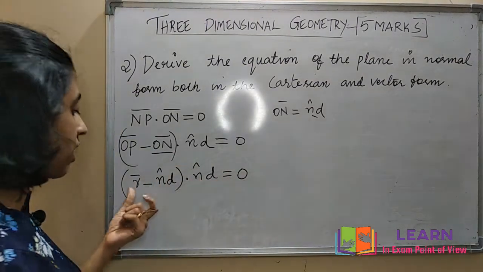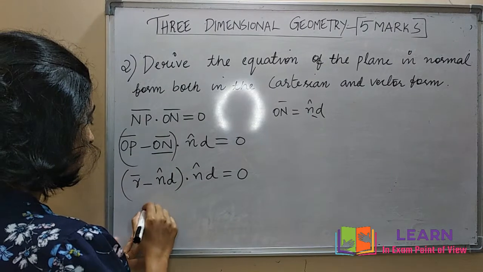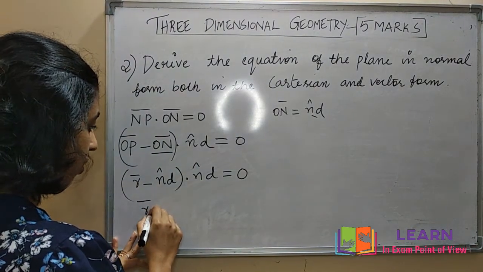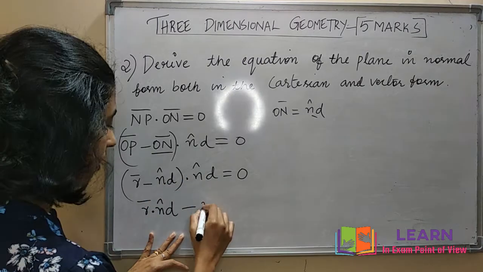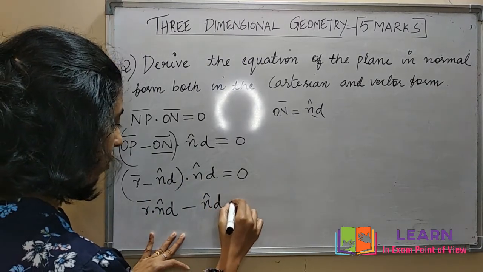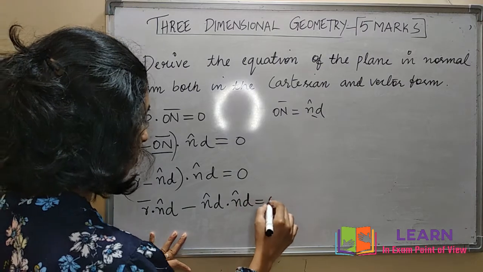OP is the position vector r, and ON is n cap into d. So inside the bracket we get r dot n cap into d minus nd dot nd, equal to 0.